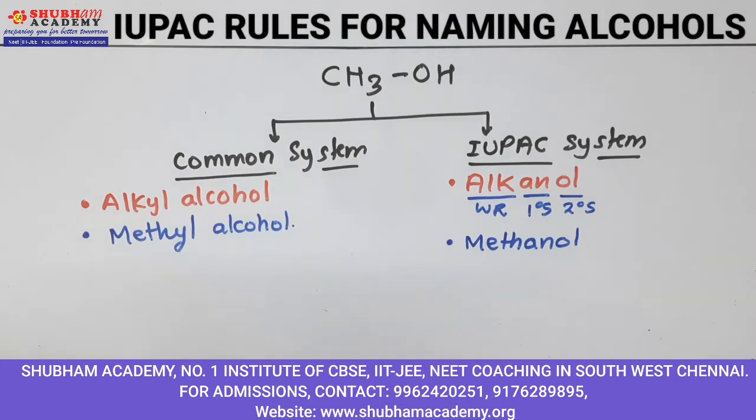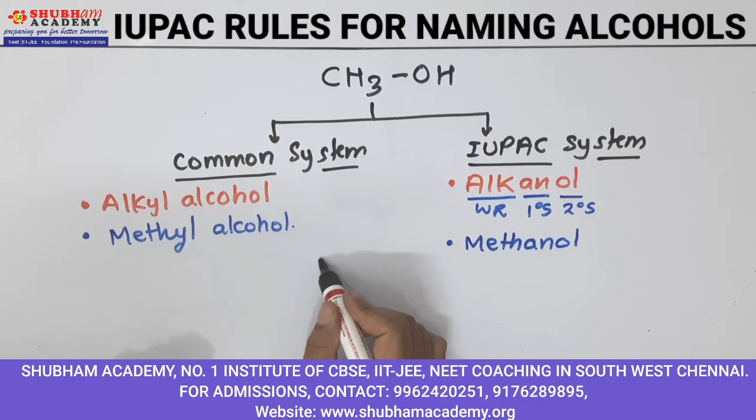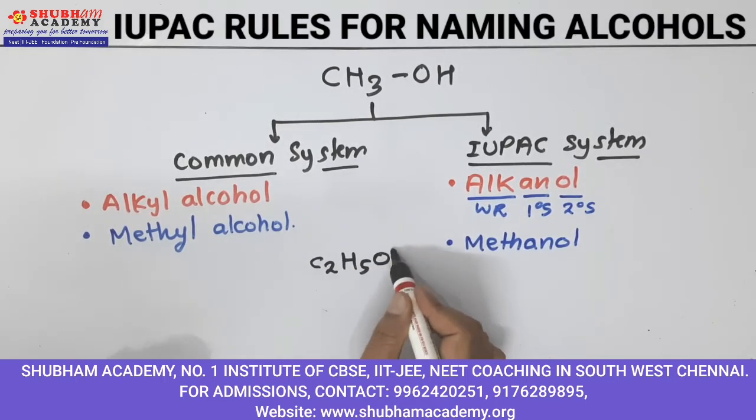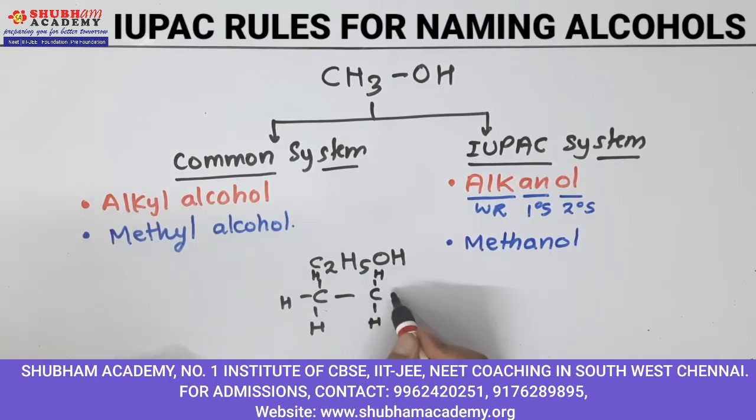One more example we'll see. Suppose the compound given to you is C2H5OH. Okay, this C2H5OH you can write in this way: CH3CH2OH.